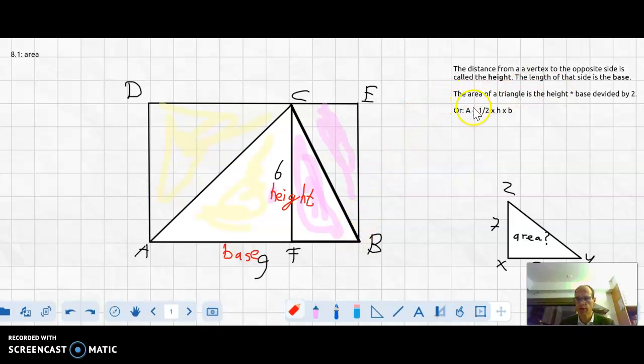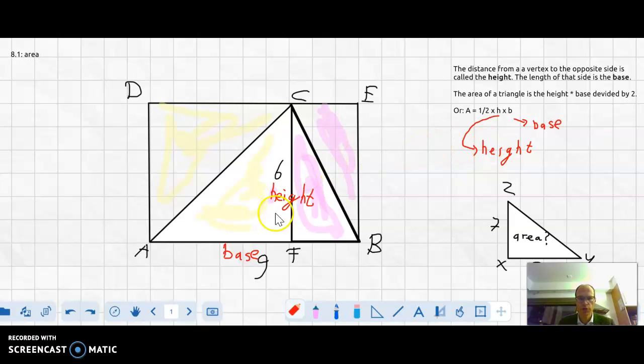That's what's written over here. And then very short, I've written over here, A area is half times H height times B base. So the H is the height and the B is the base. And that's how we do it.